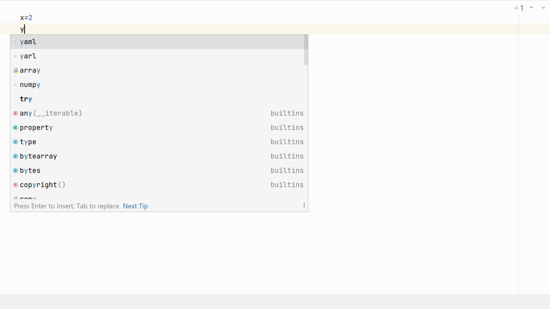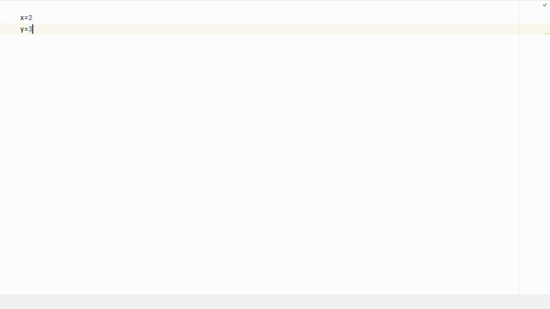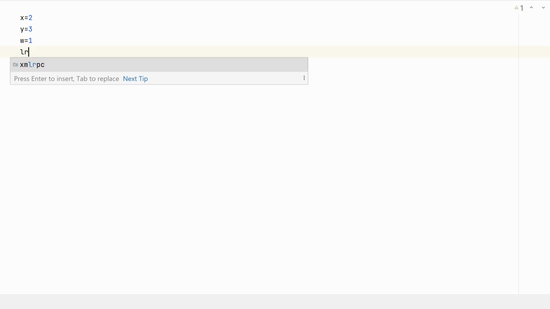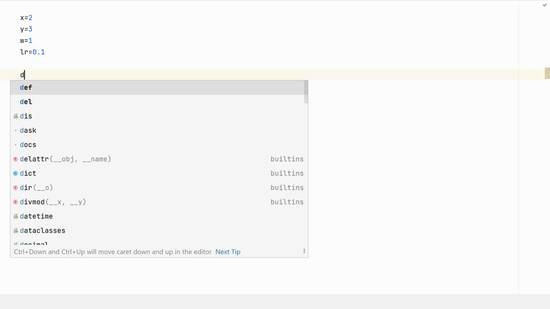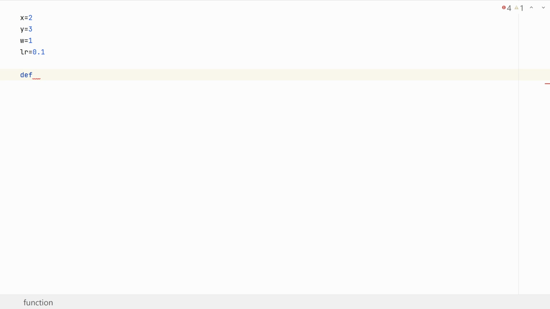And now for our first problem, we have a single data point, and its input is 2 and its expected value is 3. Our prediction model has a single parameter, and its initial value is, let's say, 1. Learning rate. Now the predicted value of our prediction model is this.